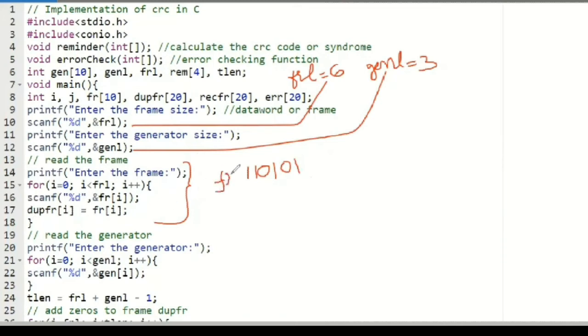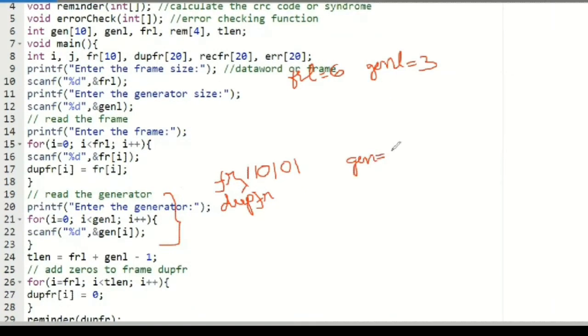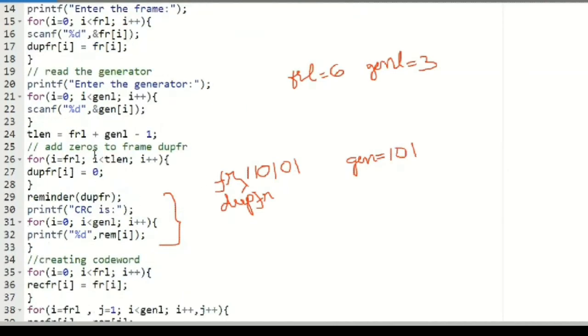So the frame is 110101. Okay, so we have made the duplicate of the frame, right? So the duplicate of the frame will be 110101. So we'll have the same data in DUPFR also. Okay, so the generator that I have taken in the example is 101. So the data word is 110101 and the generator is 101.